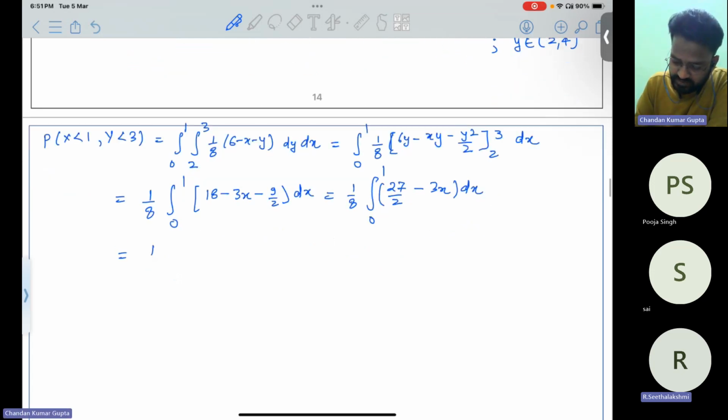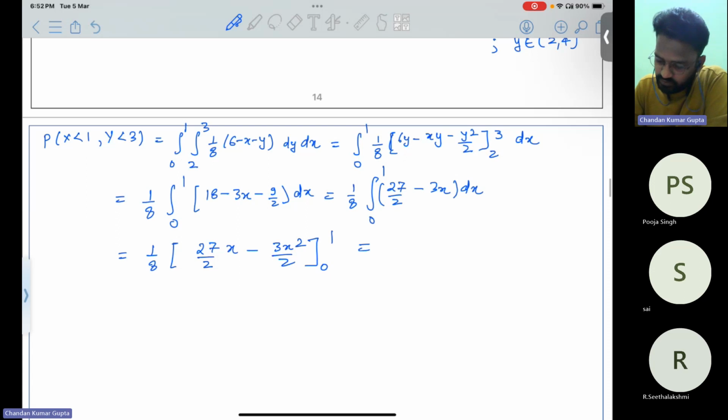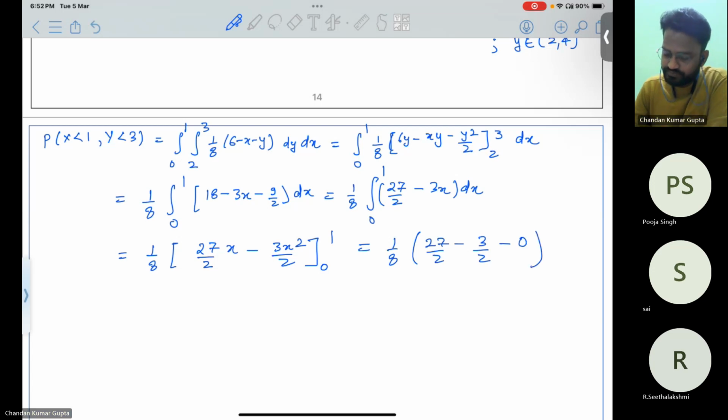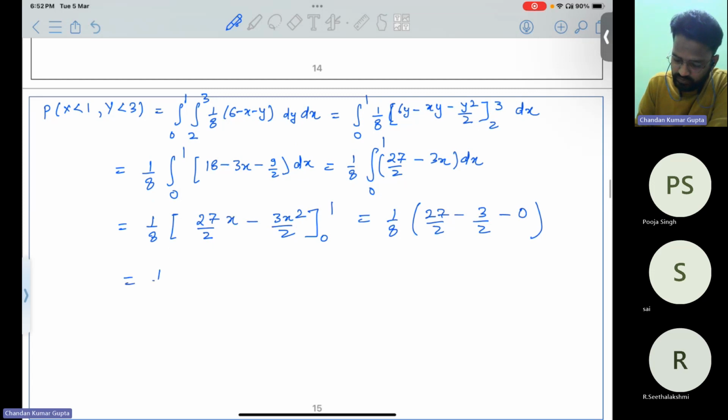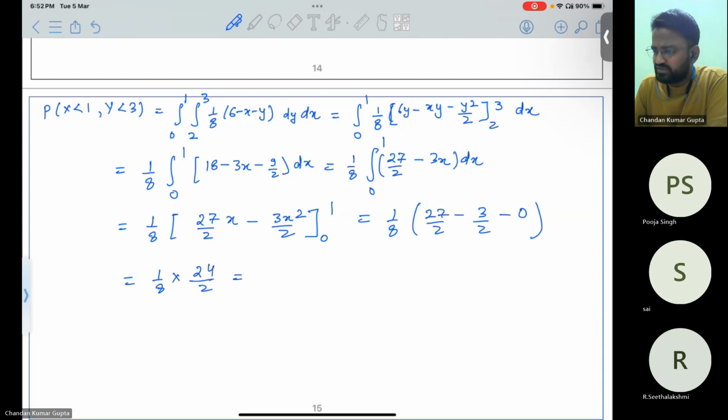Then it is 1 by 8, 27 by 2 x minus 3x square upon 2, from 0 to 1. It comes out to be 1 by 8, 27 upon 2 minus 3 by 2 minus 0.